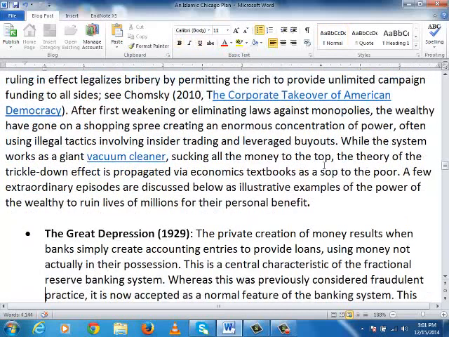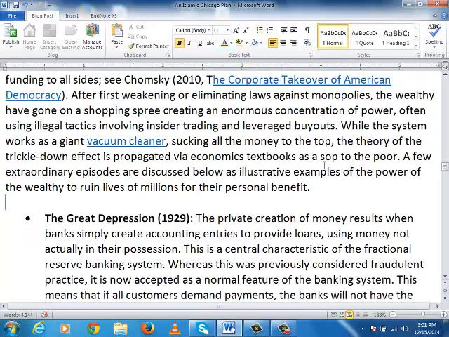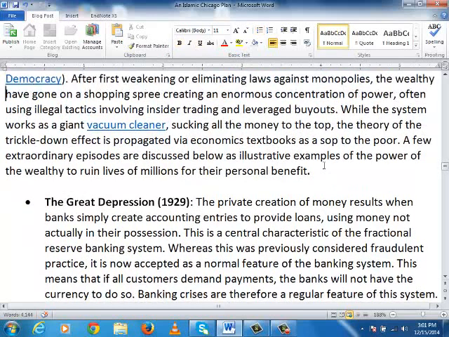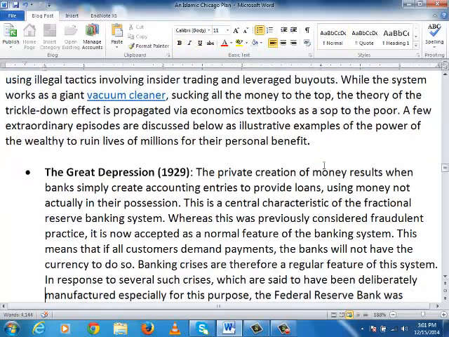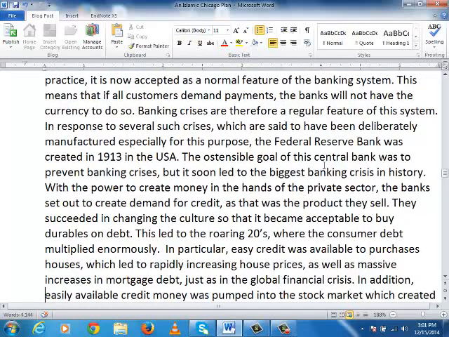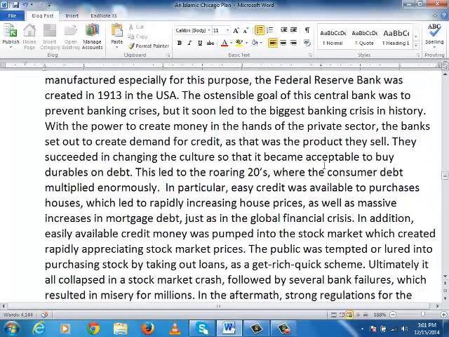The Chicago plan was made, but it was blocked by the rich because it was against their interests.